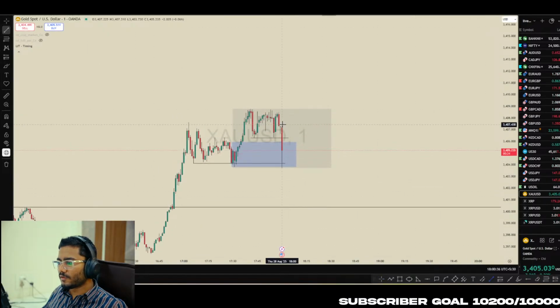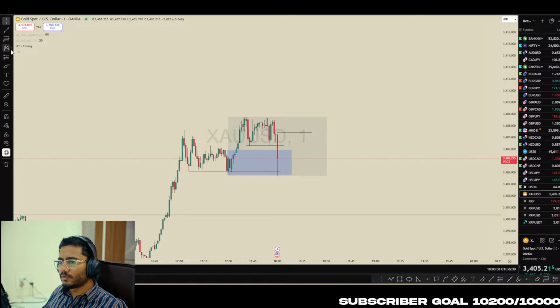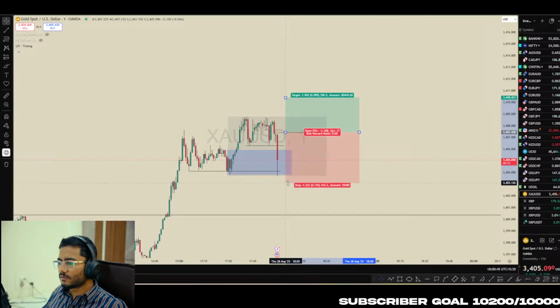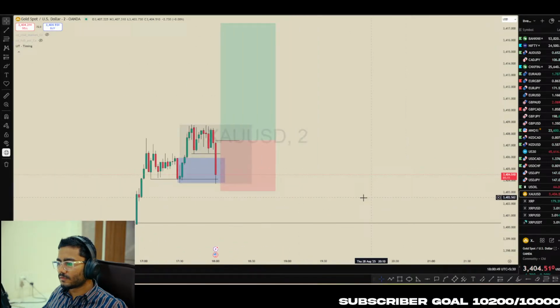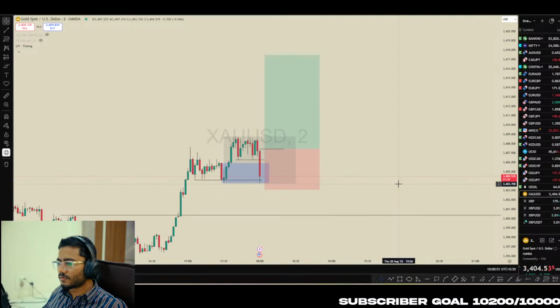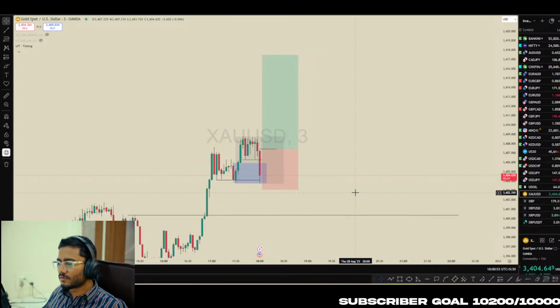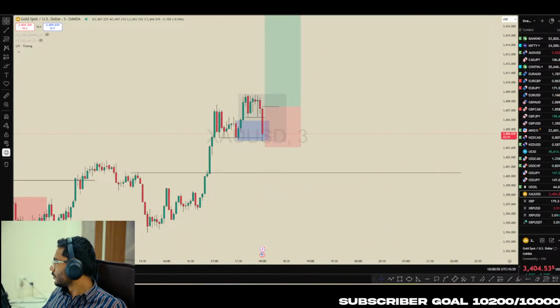Let's wait for this high to break, then we can look for a buy side entry. Keep your risk very low. See what's the result.